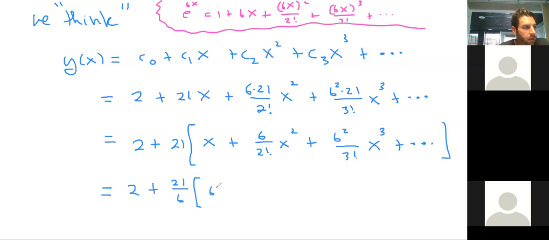And then inside, I'm going to do 6x plus 6x quantity squared over 2 factorial plus 6x quantity cubed over 3 factorial.